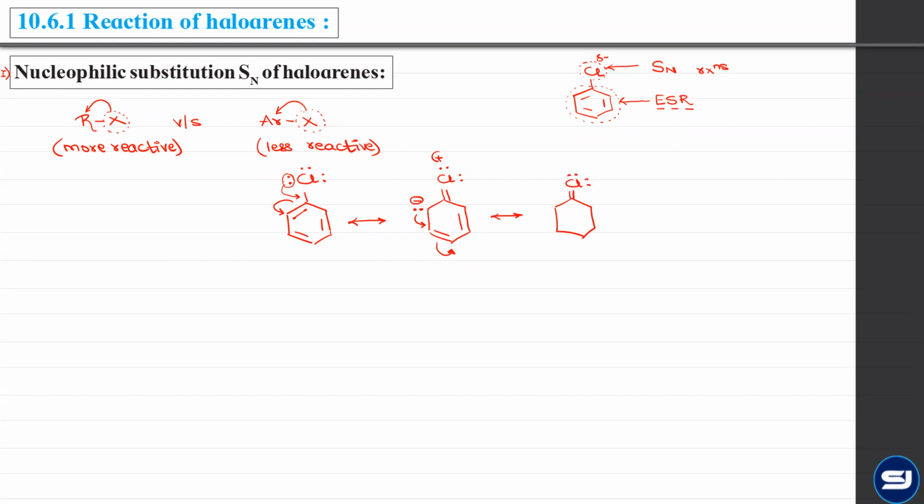Also chlorine ने lone pair दिया तो it will acquire a positive charge. फिर यहाँ पर movement होगा तो this single will change to double, double will change to single and this position acquires negative. फिर वापस यहाँ पर shifting होगा. This will shift along with the shifting of the pi electron.